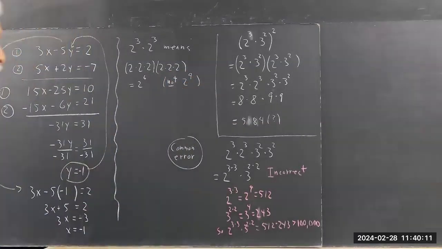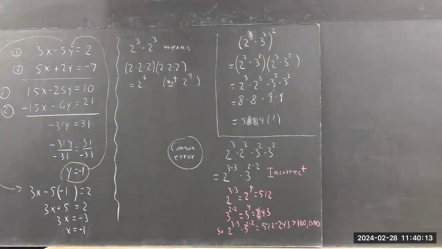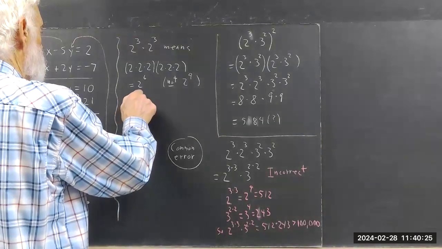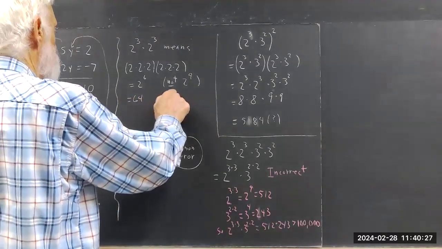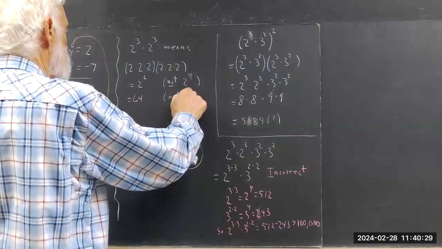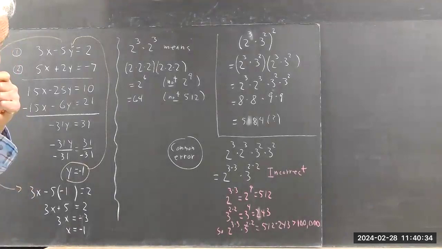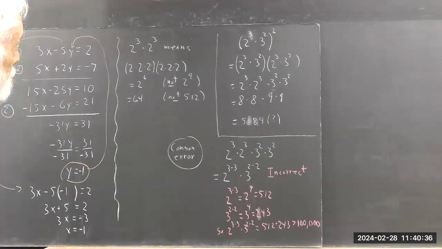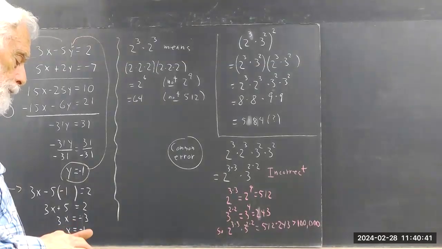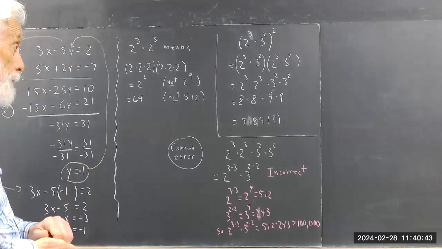That's 2 to the 6th. It's not 2 to the 9th. And 2 to the 6th is 64, not 512. Just illustrating that property of exponents.